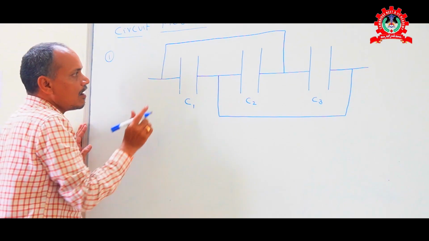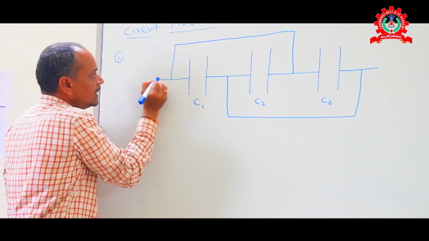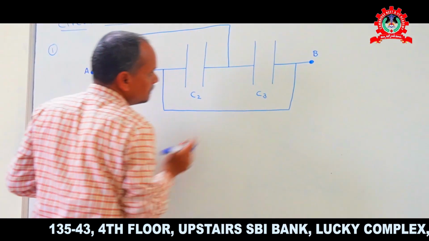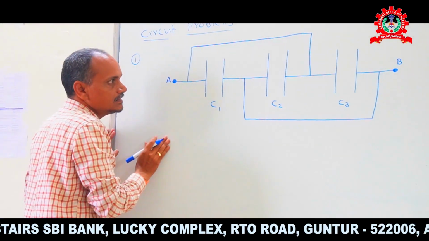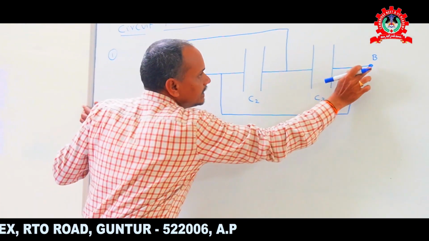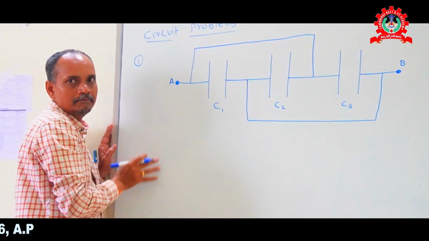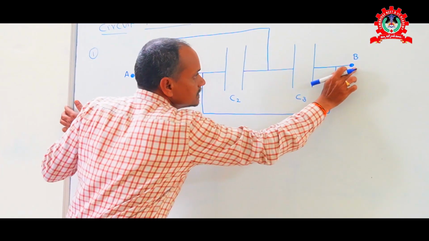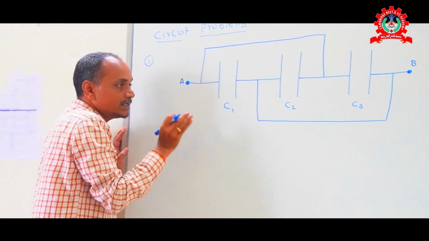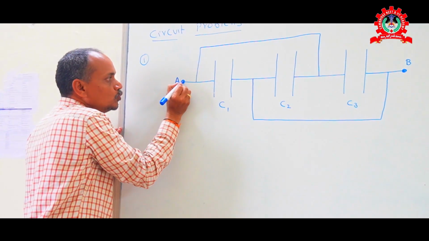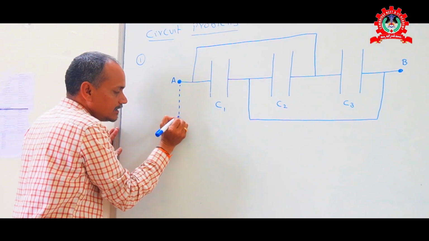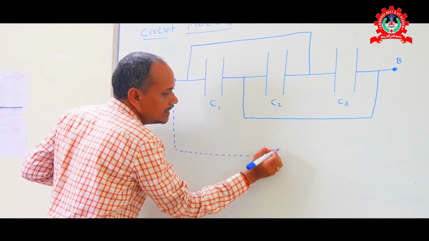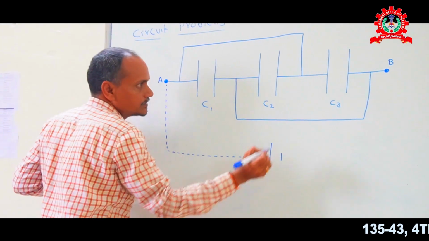Let us say this is point A and this is point B. The question is to find the equivalent capacitance between A and B. The preliminary step is to imagine one cell or battery across the ends A and B.